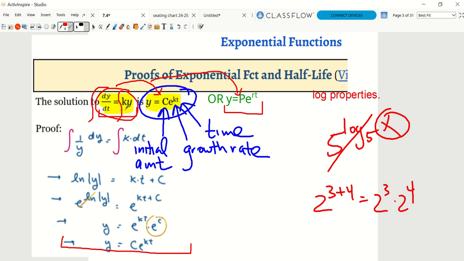At the end of the video, I'll explain how they got from here to there, but that's not necessary. Just know you take the antiderivative and you end up using this. They just add this little annoying hurdle in the beginning and disguise this as this right here. So we're going to be using Pe^(rt).